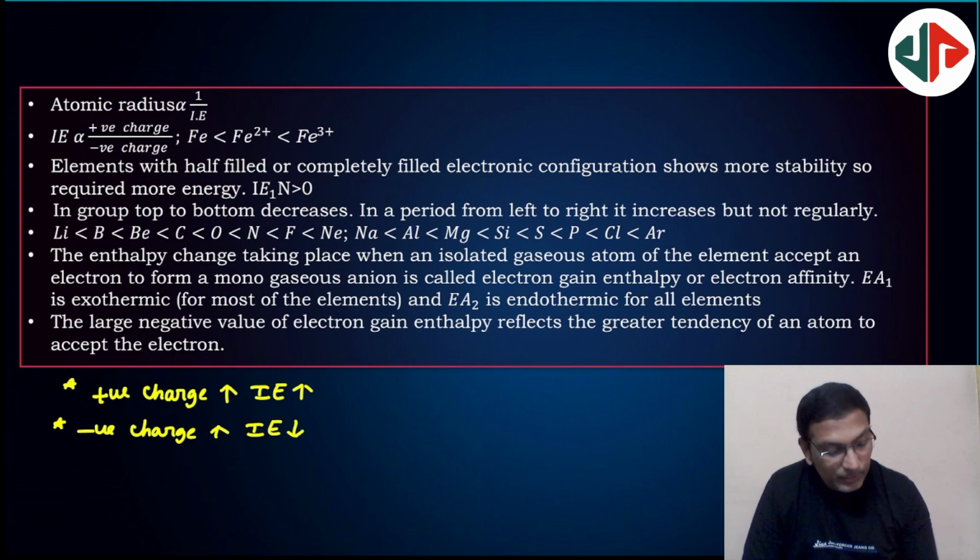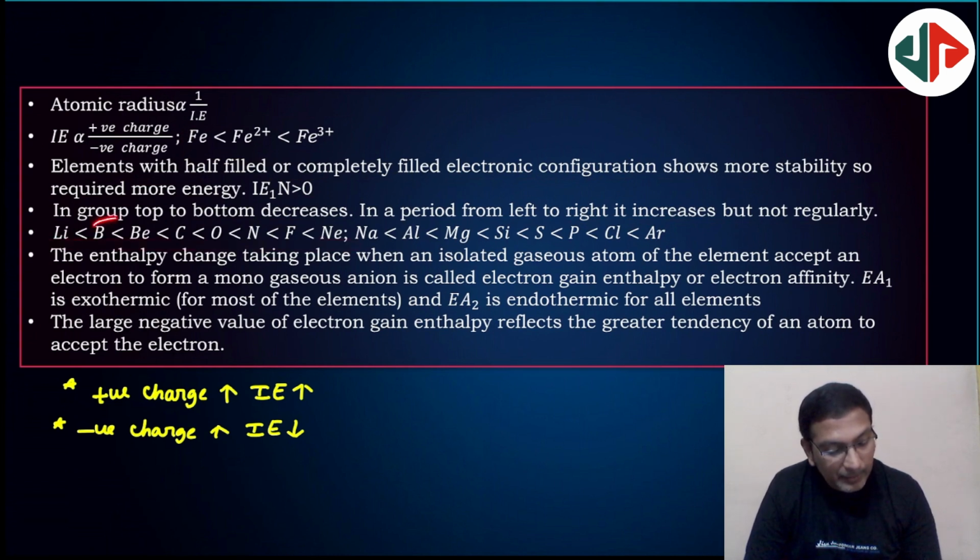Next, in a group from top to bottom, ionization energy decreases due to increase of size. In a period from left to right, it increases due to increase of effective nuclear charge. So in case of second period elements, this will be the order.